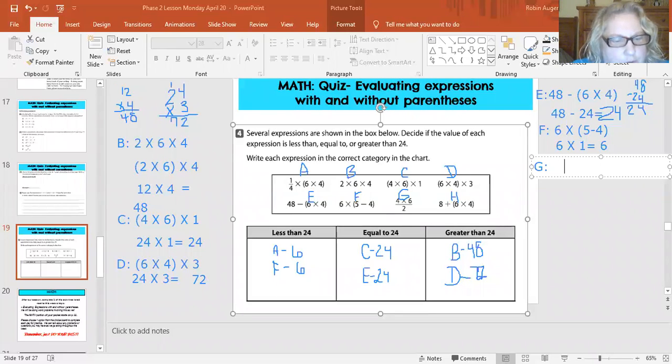So we have 4 times 6. I'm going to underline it. I guess I'm going to have to draw another one. Okay. 4 times 6 divide by 2.